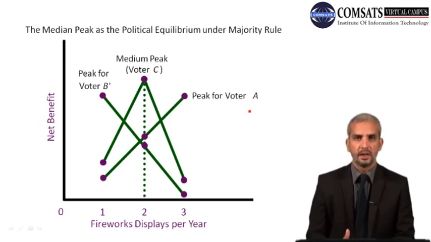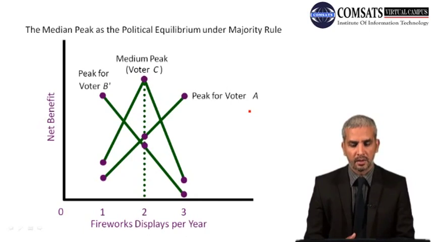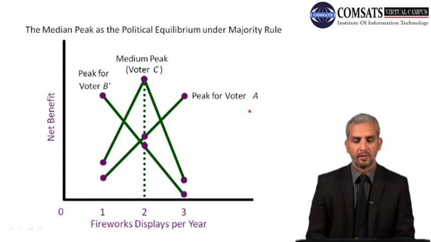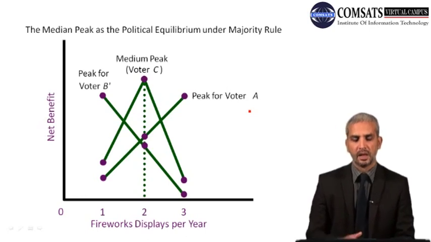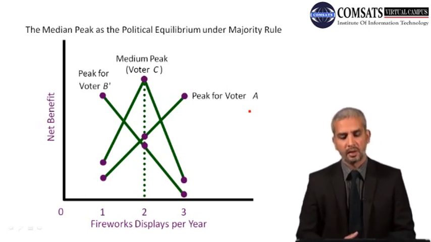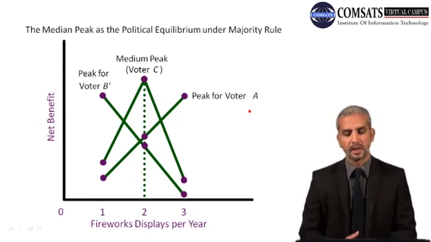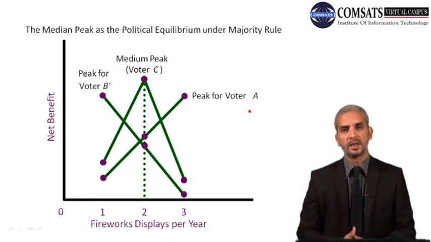And individual C, who prefers 2 fireworks per year as his first choice, while 1 firework per year is his second choice and 3 fireworks per year is his third choice, is sort of a triangle without the base over here, but the main point is that he is representing a single peak preference.